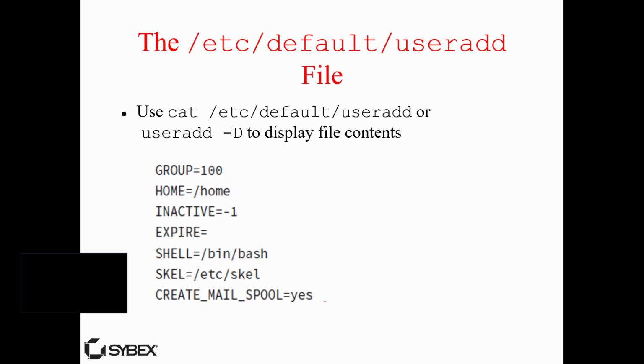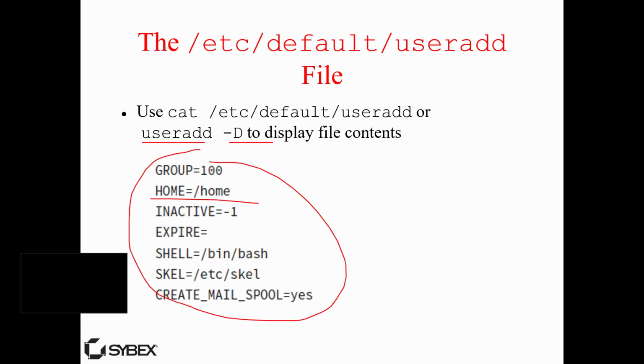Another file is default settings, which is under /etc/default/useradd. You can explore this file, use cat, or you can use the useradd -D command to show the default settings. So default settings, you see the home directory is under /home. And every user has a home directory.